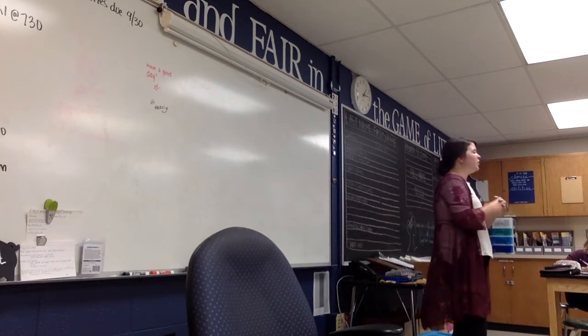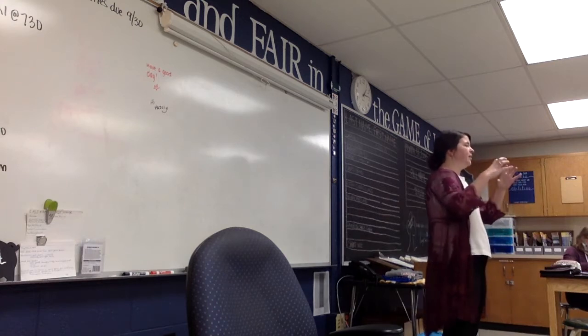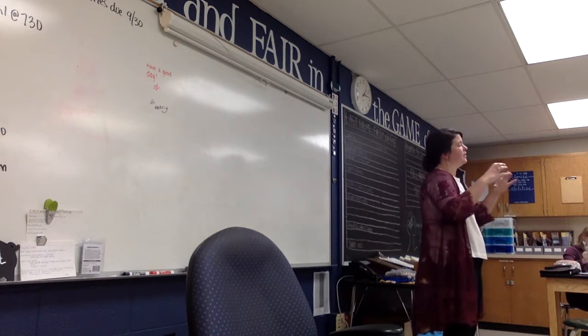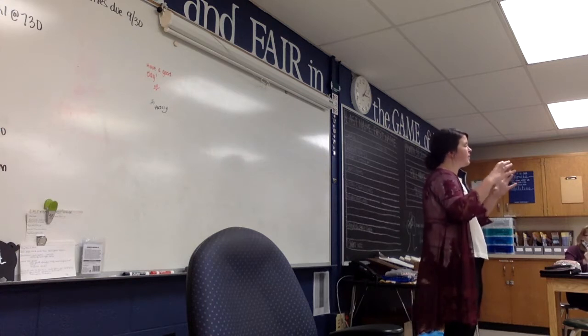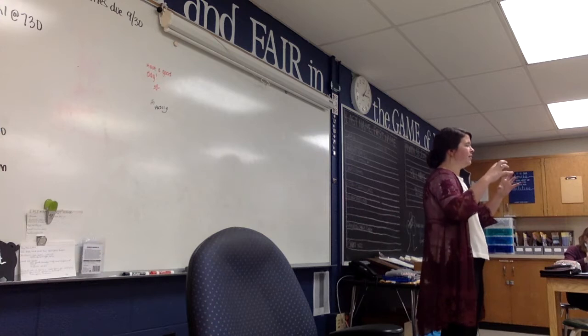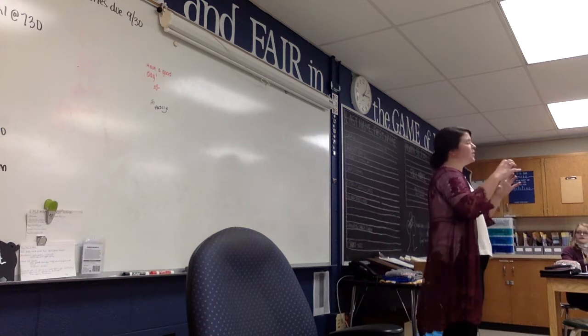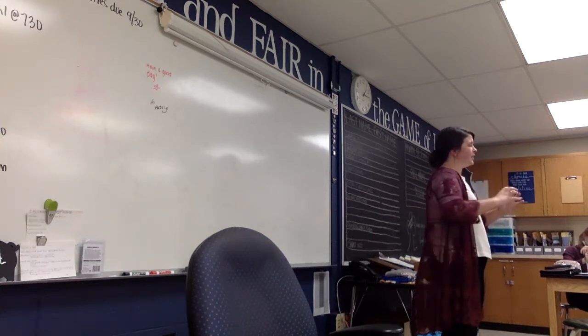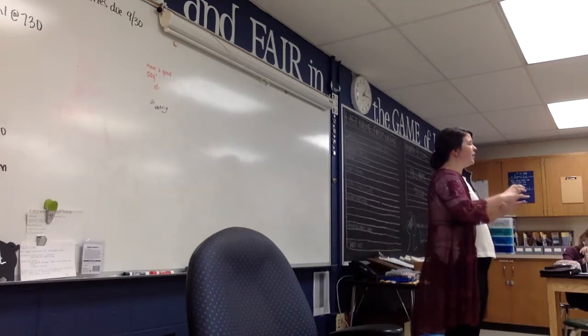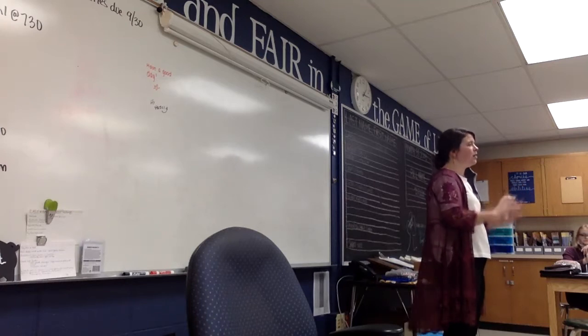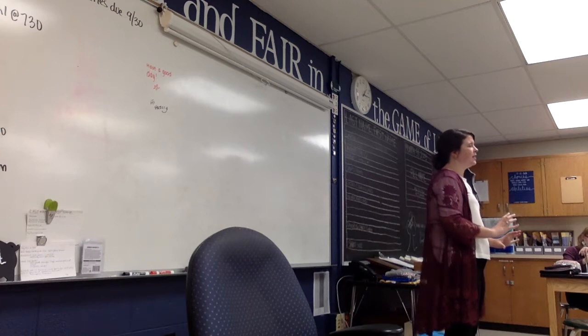What is right below the O horizon? The A horizon. What do we call the A horizon? What's the name for it? Topsoil. What's below the A horizon? The B horizon. What do we call that? Subsoil. What's below the B horizon? The C horizon.